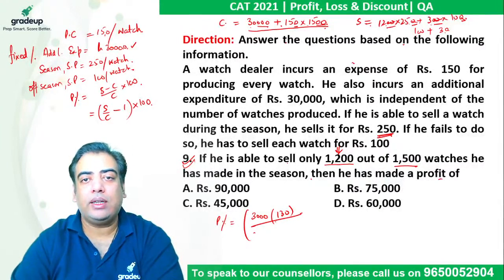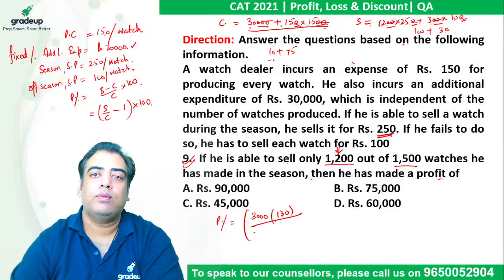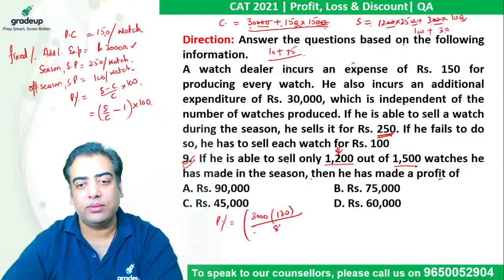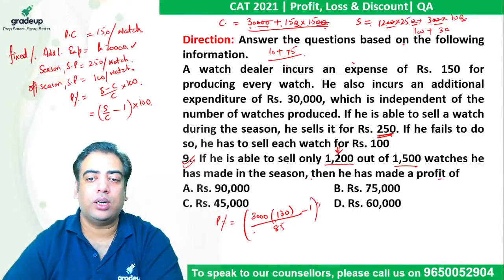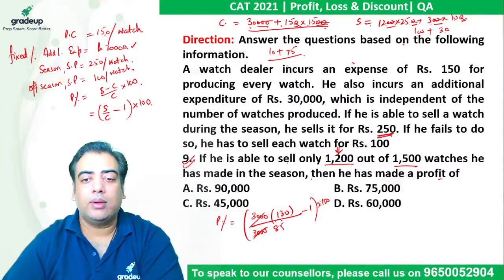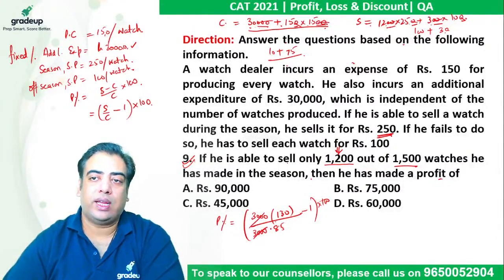Divided by, again, when you take 3000 common here, here leftover will be 10, and here leftover is 5 into 15, which is 75, which makes it a total of 85, minus 1 into 100. So 3000 gets cancelled out here, and among these two, again, we can cancel out 5.